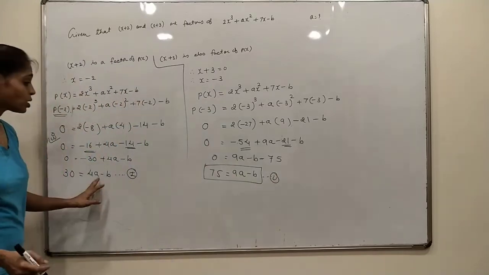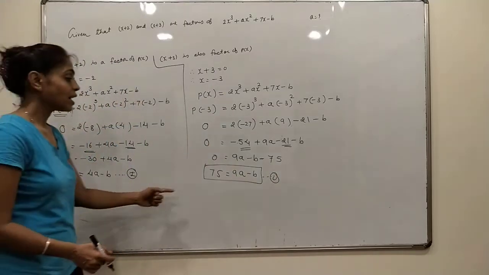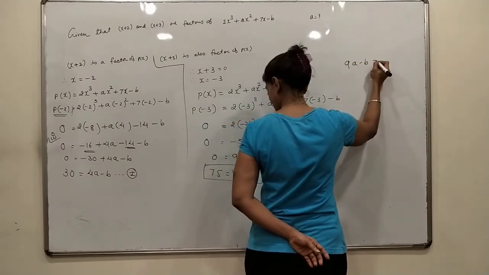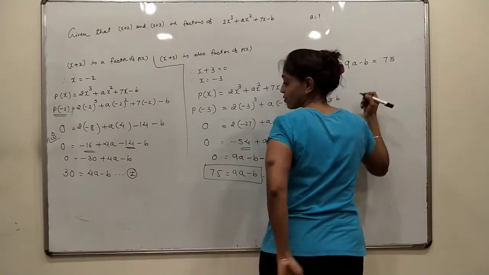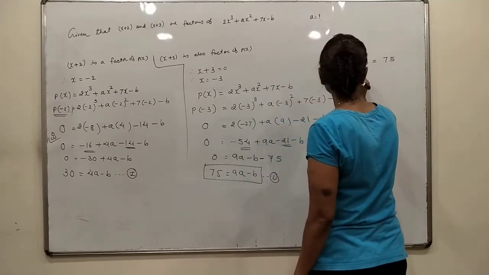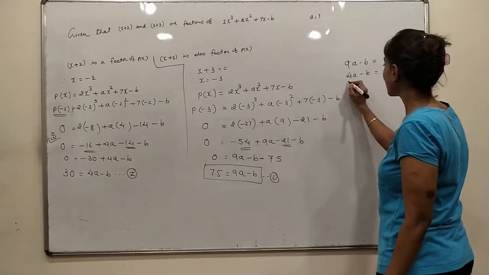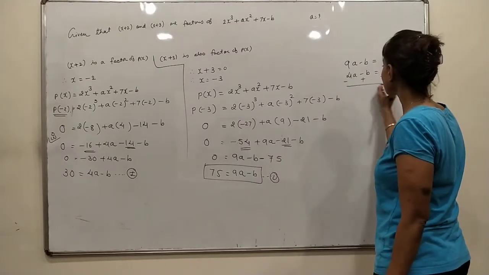Now eliminate equation number 1 and 2: 9a minus b equal to 75 and 4a minus b equal to 30. Equation 1 and 2, minus plus and minus, eliminate.